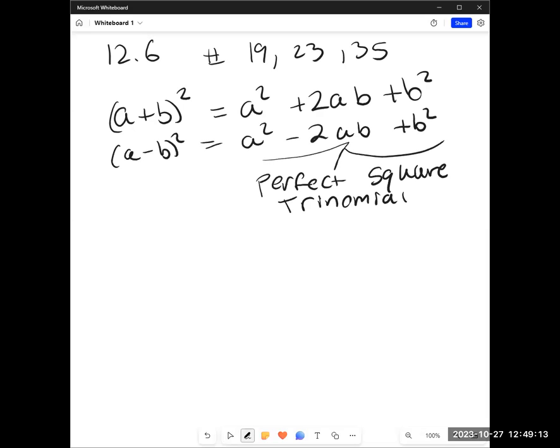I cannot emphasize how important it is for you to memorize these formulas and to be able to recognize this going both ways. So this video is going to focus on going from the left-hand side to the right-hand side, but in just a little bit, we're going to need to go the other way and take this perfect square trinomial and factor it into what's on the left-hand side.